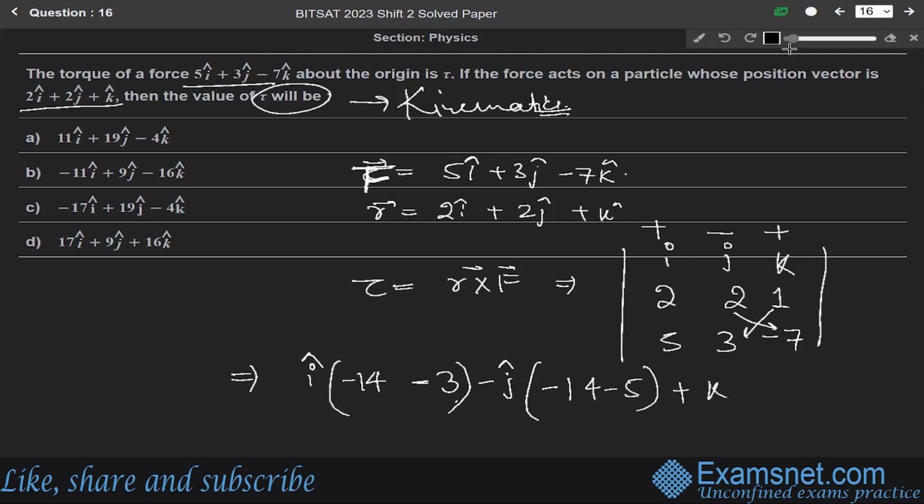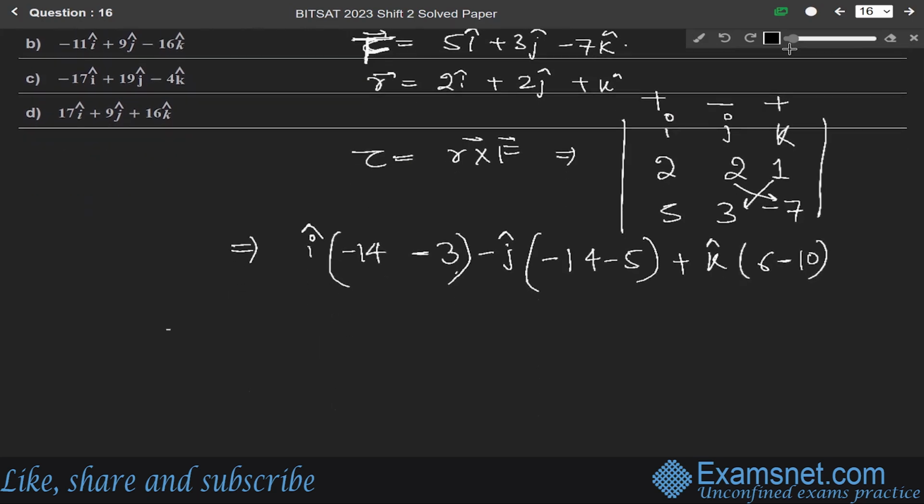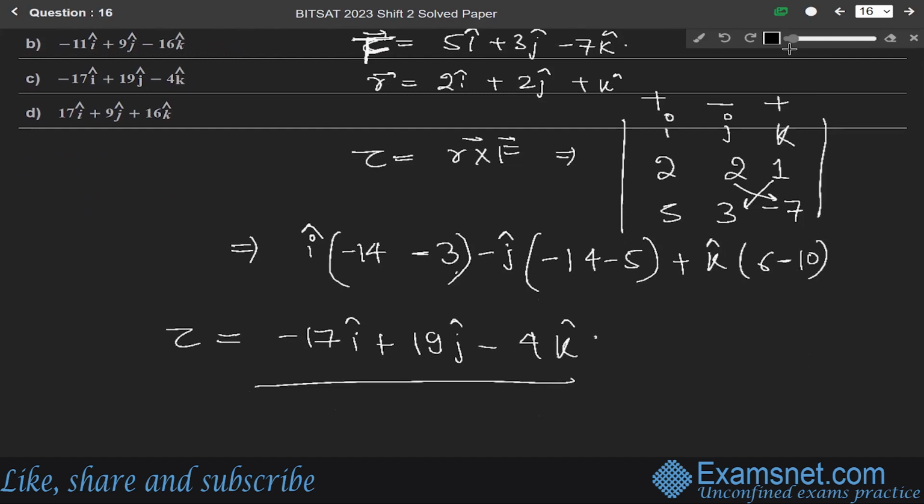Then plus of k cap: this will be 3 twos are 6, minus 5 twos are 10. So solving it, we get tau equal to minus 17 i cap plus 19 j cap minus 4 k cap. So option C, that is minus 17 i cap plus 19 j cap minus 4 k cap, is the final answer.